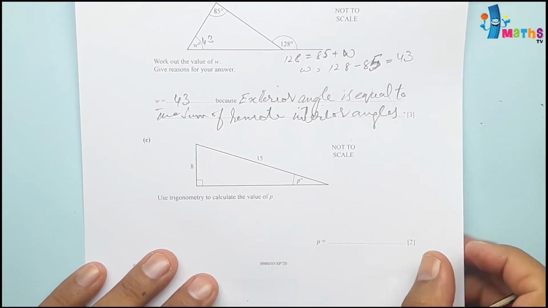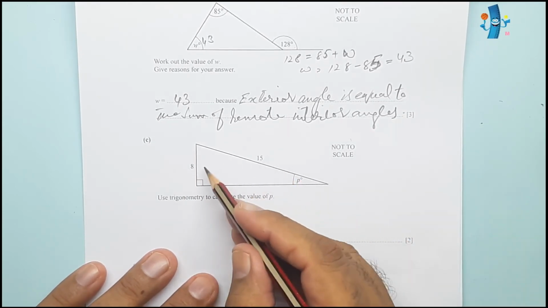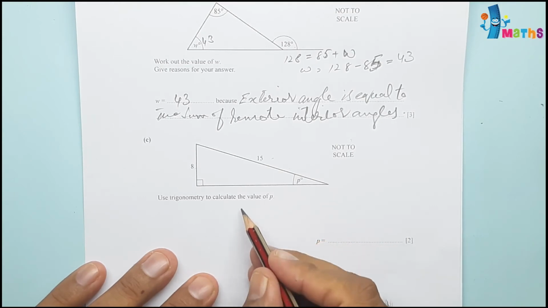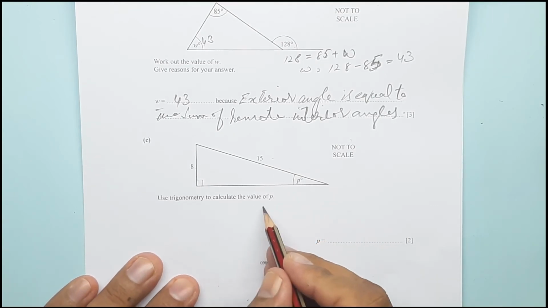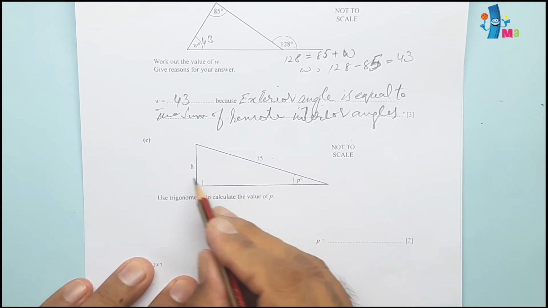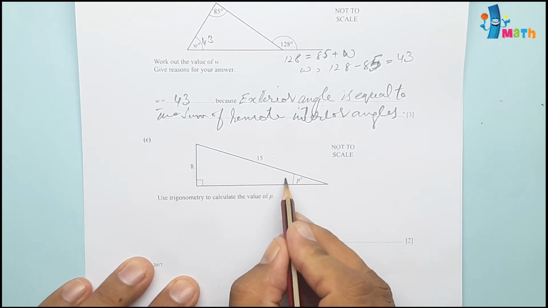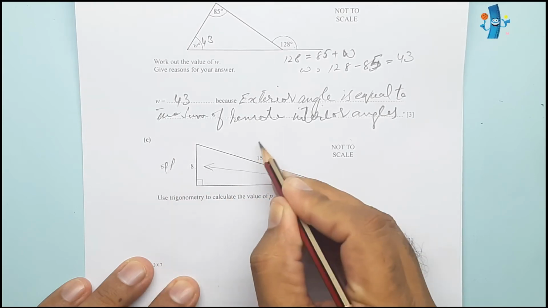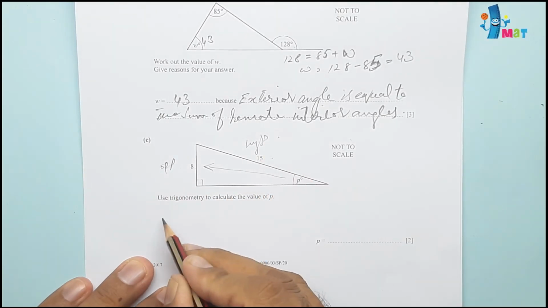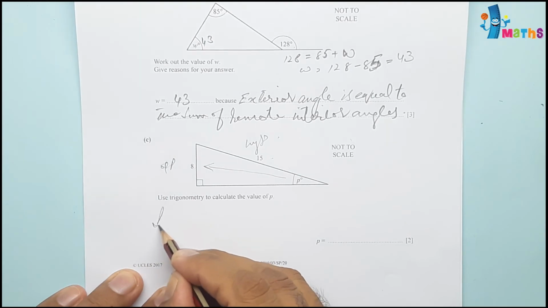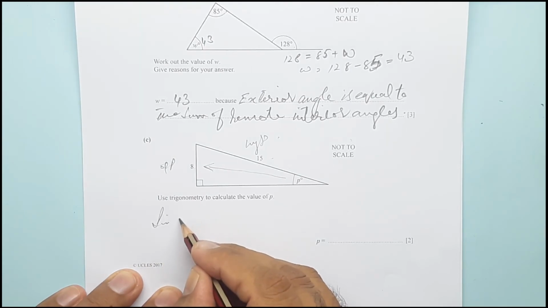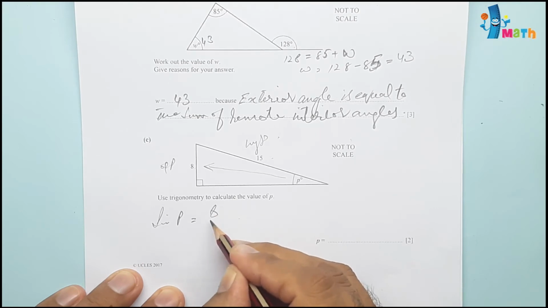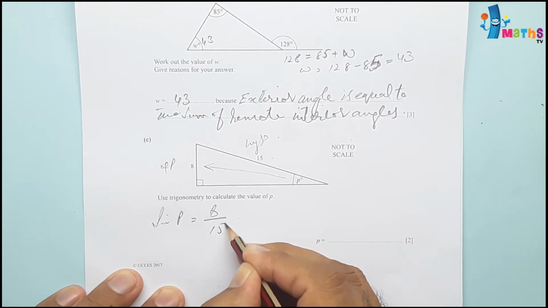C part is the diagram which they have given, with 8 and 15, and this P. Use trigonometry to calculate the value of P. So we can write opposite. Opposite to this angle will be this one, and this will be hypotenuse. So opposite over hypotenuse, sine of P will be equal to 8 over 15.